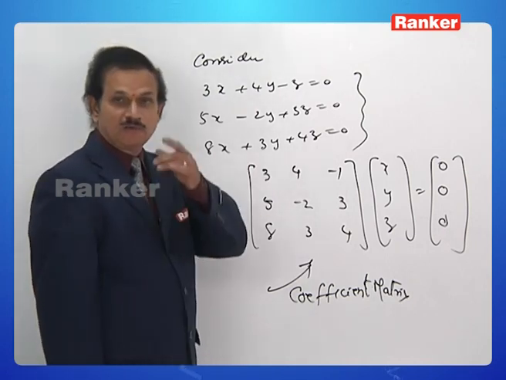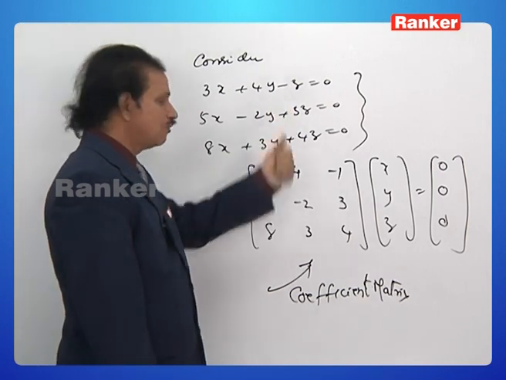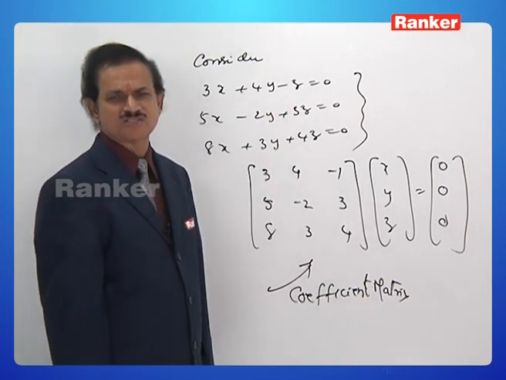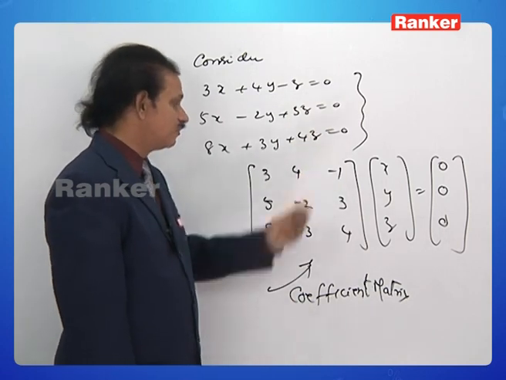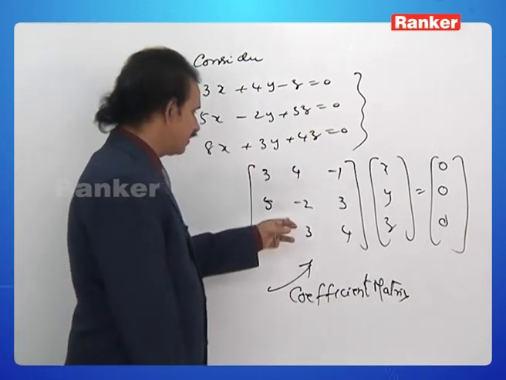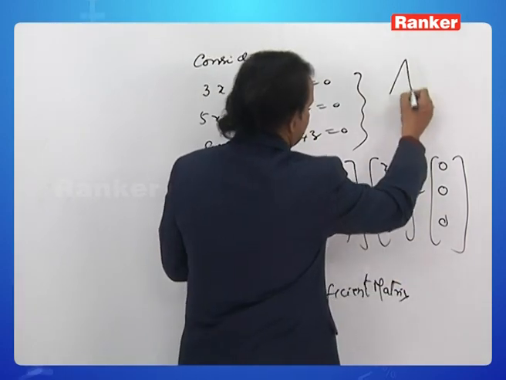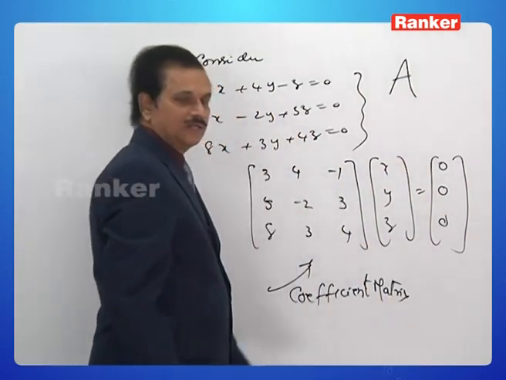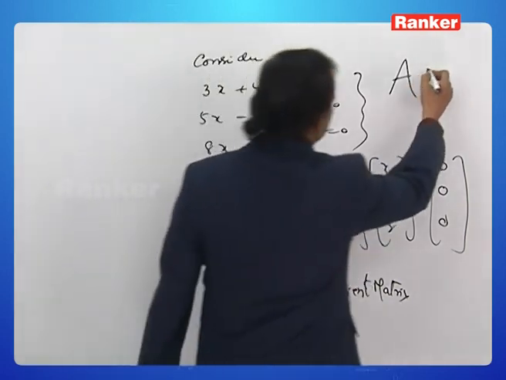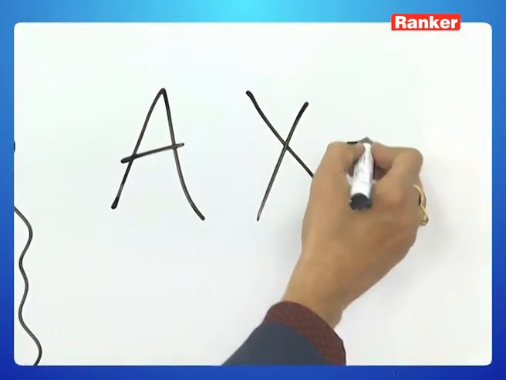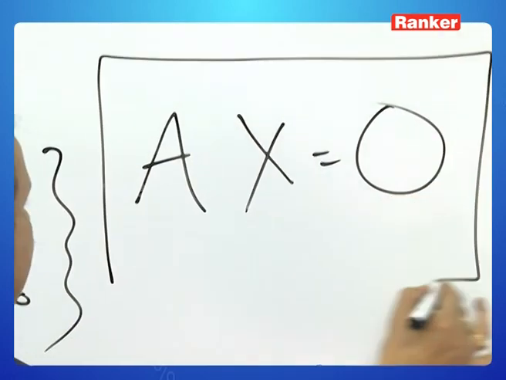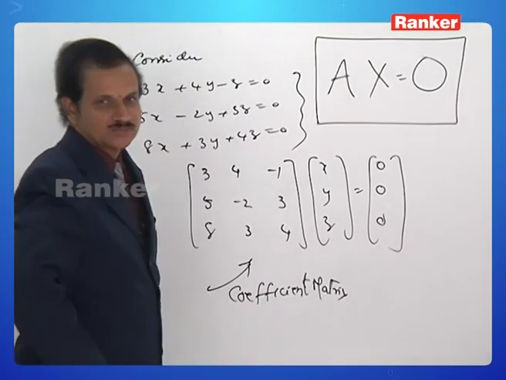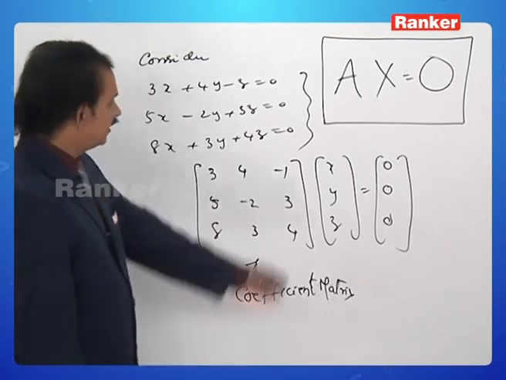Is it a homogeneous system or a non-homogeneous system? Homogeneous, since each is equal to 0. Let me call this coefficient matrix capital A, this variable matrix capital X, and this column matrix the 0 matrix. What is the standard form of a homogeneous system of equations? AX is equal to 0.